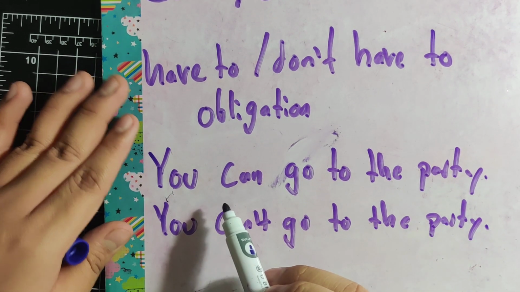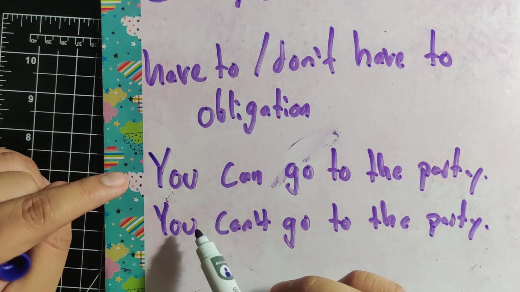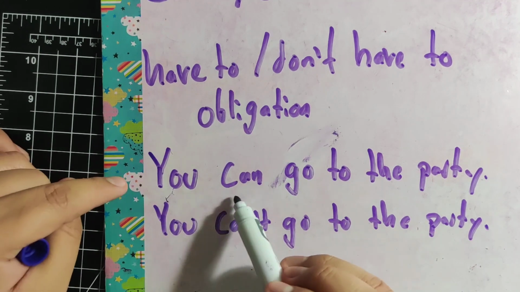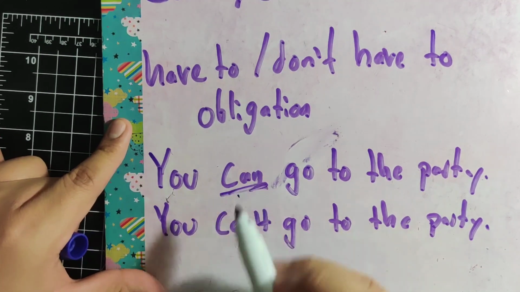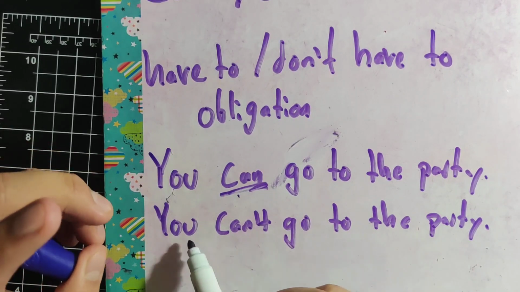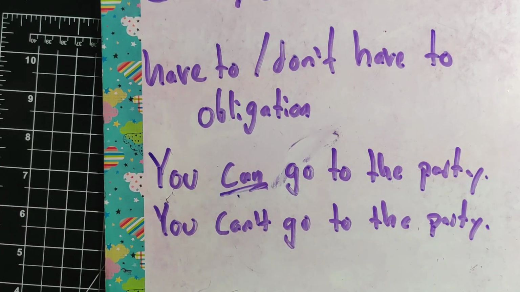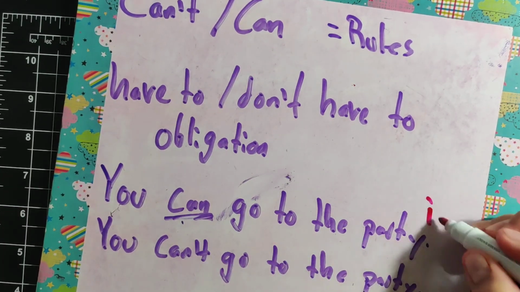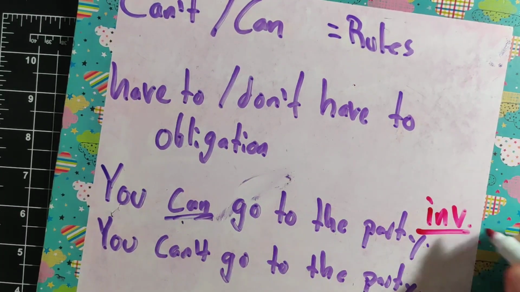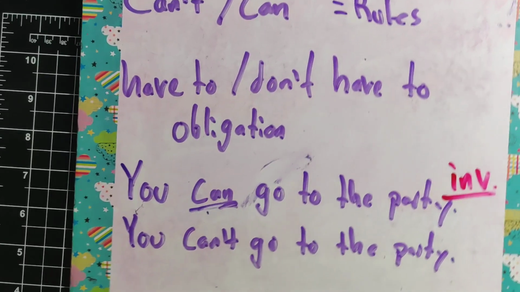Here's the question about both. Which one do you have permission? This one, right? With this one, you have permission. Okay? You have an invitation. You can go to the party. You have an invitation. You can't go to the party.